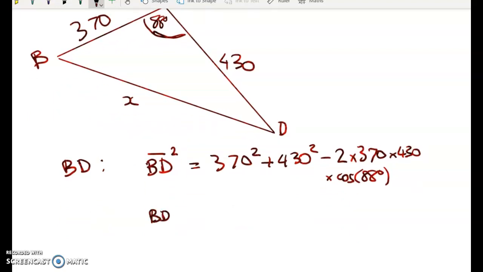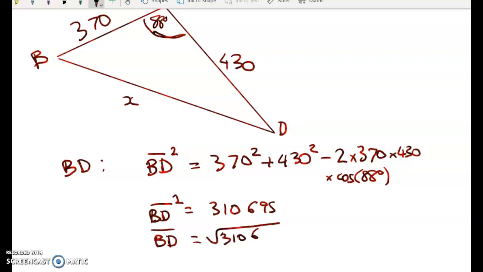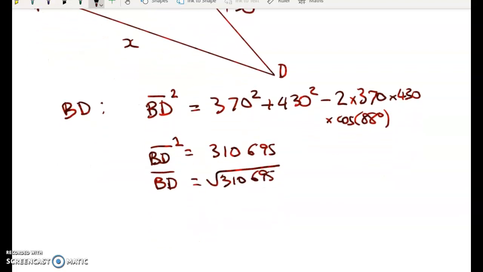So BD squared works out to be 310,695. So BD is the square root of that, which gives me 557.4 meters.